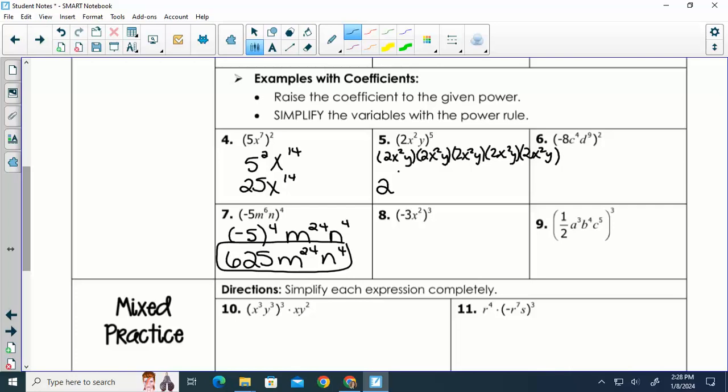That's 2 to the 5th power, because we have 2 multiplied 5 different times. When I look at my x's, how many x's do we end up with? We have x squared written 5 different times. How many did that give me altogether? 10. Or 2 times 5 is 10. My y, we had 5 total.